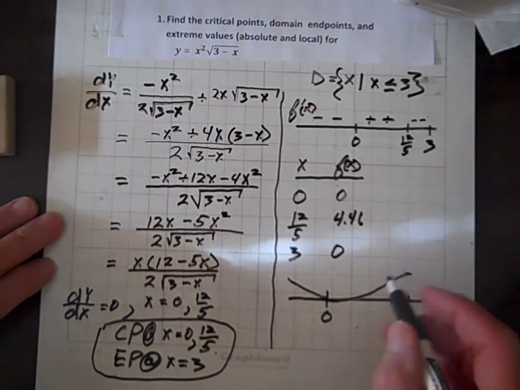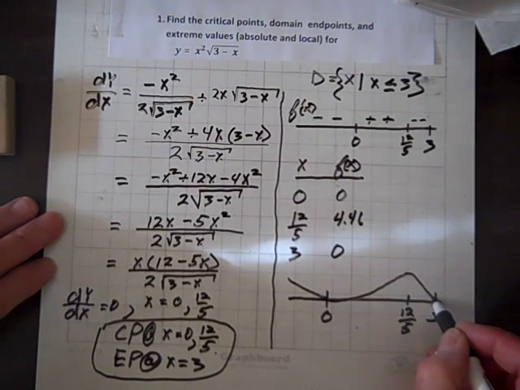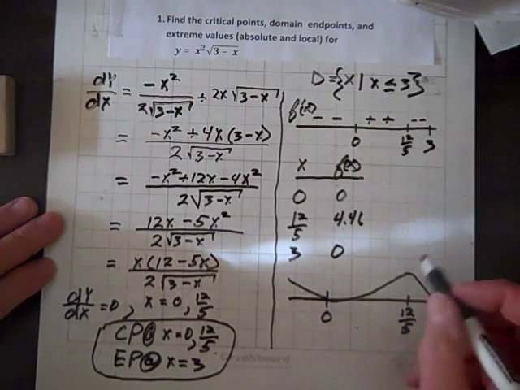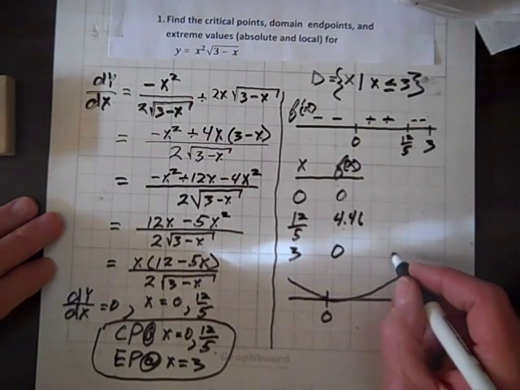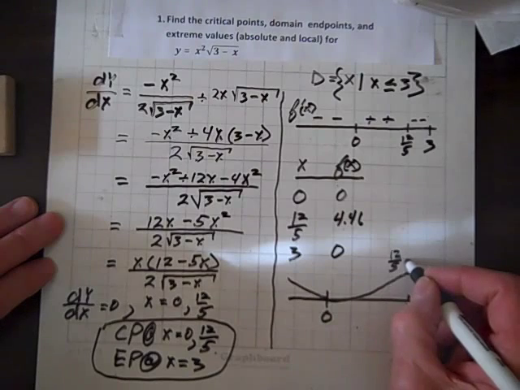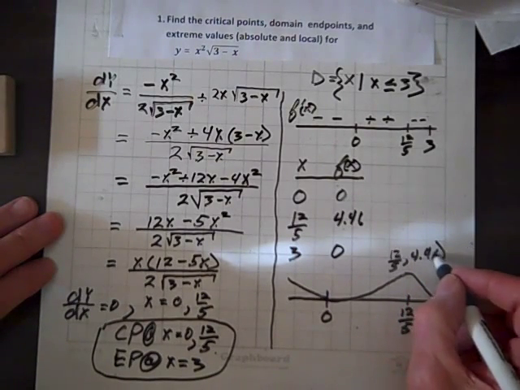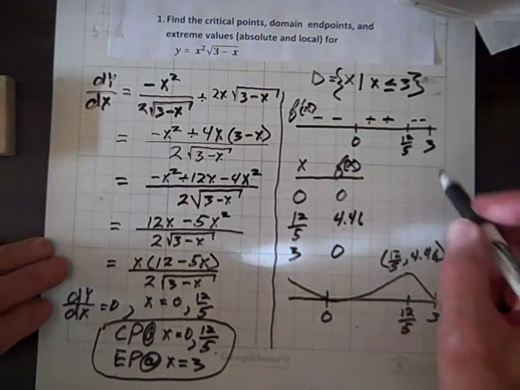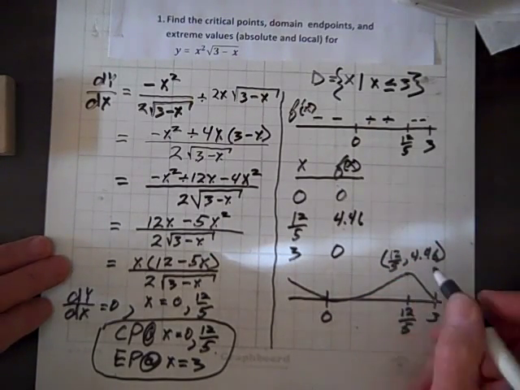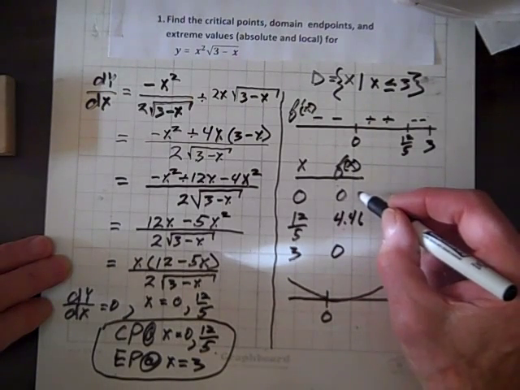And then we have a negative slope as x goes to 3. And we know that when x is 12/5, our y value will be approximately 4.46. So there's our point.